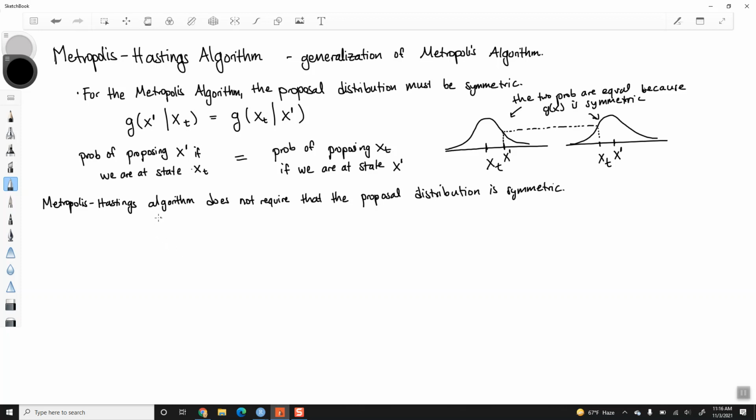And that is to say, g of x prime given xt is not going to be equal to g of xt given x prime.